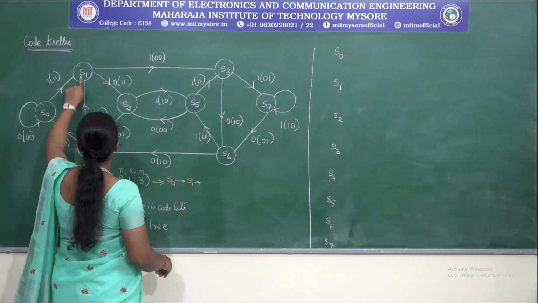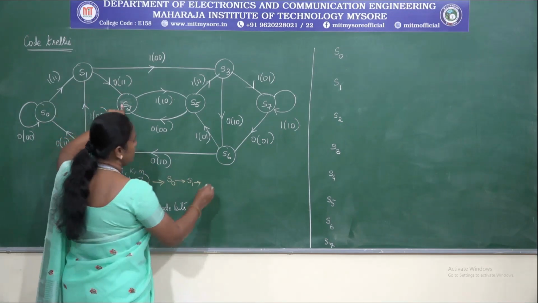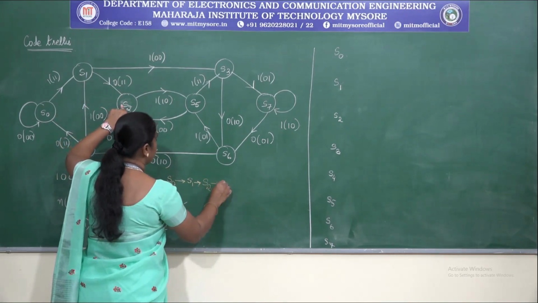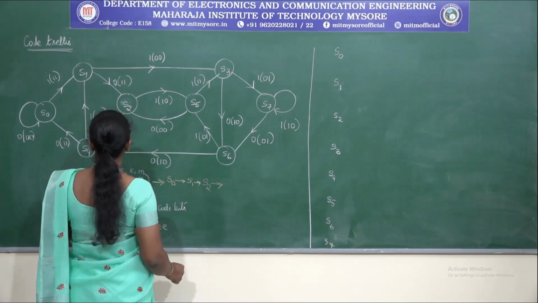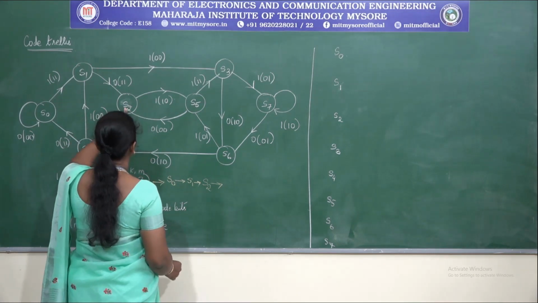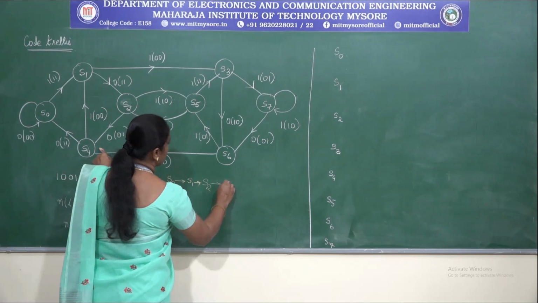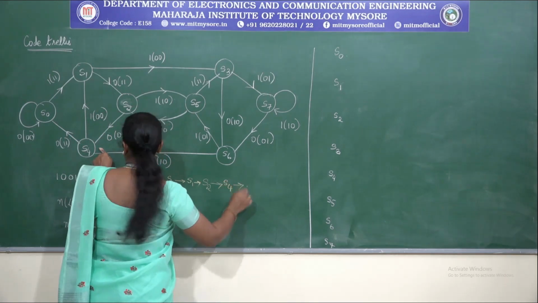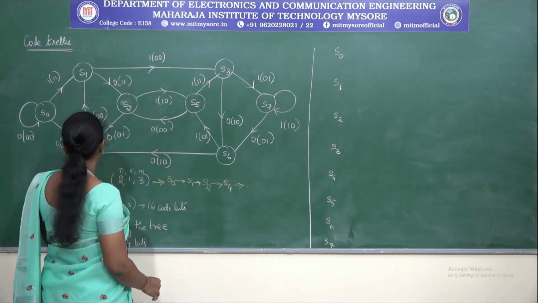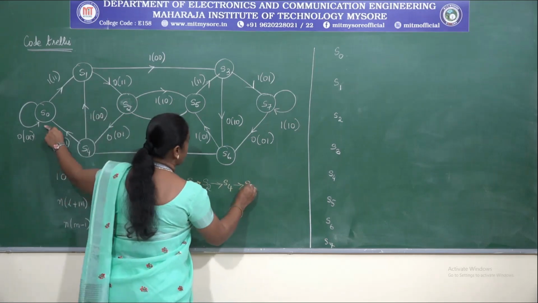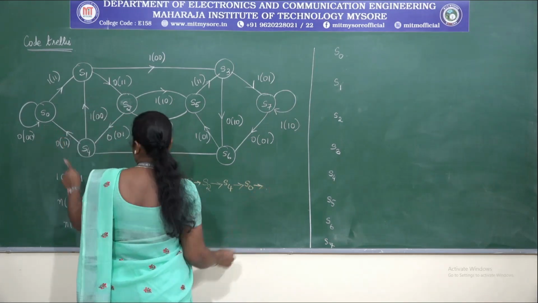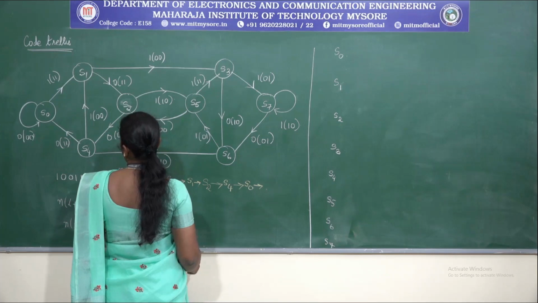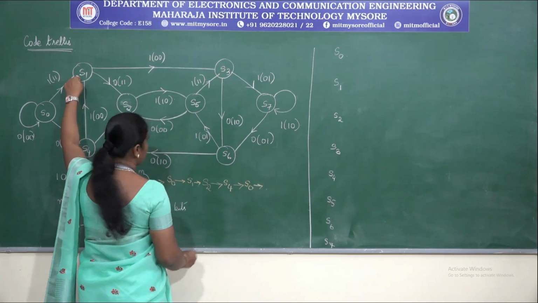S1 with input 0 reaches S2. Next from S2 with input 0 it reaches S4. Then from S4 with input 1 it reaches S0. Then from S0 with input 1 it reaches S1.